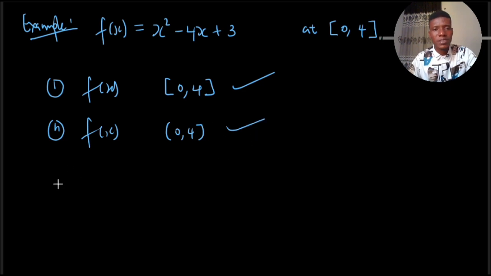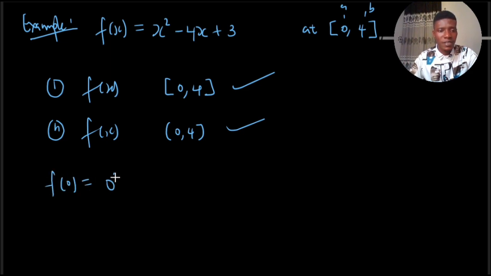And the third aspect that we're going to be testing is: is f of a equal to f of b? Don't forget, this is our a and this is our b. So to test for this, f of 0 will give us 0 squared minus 0 plus 3, which is 3.